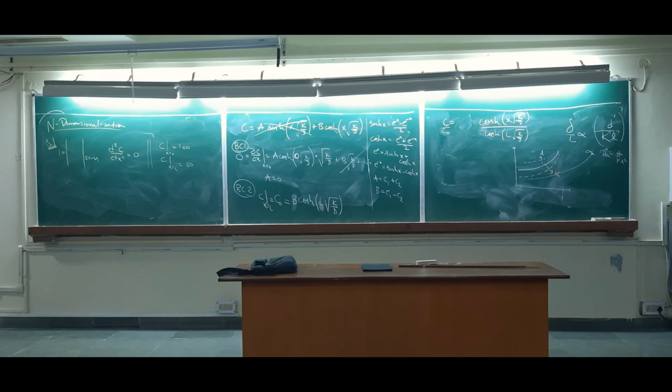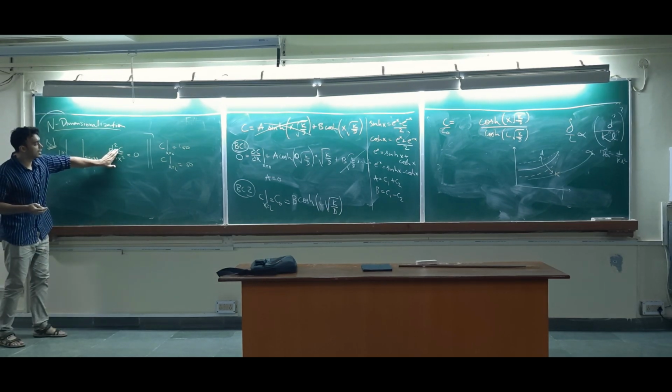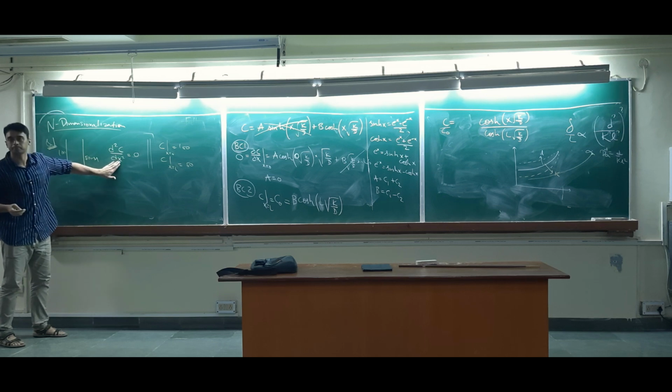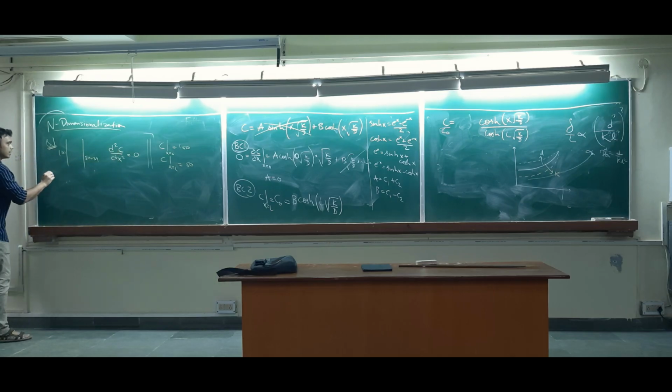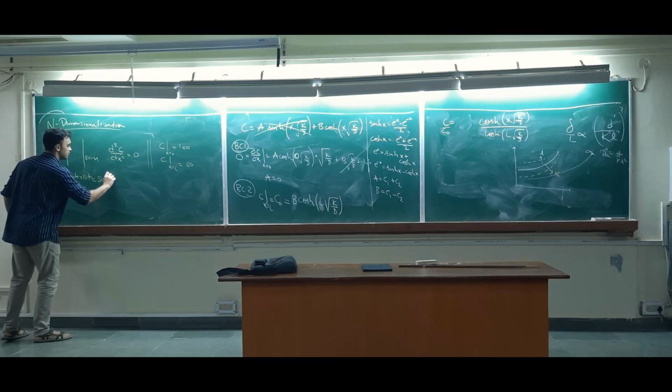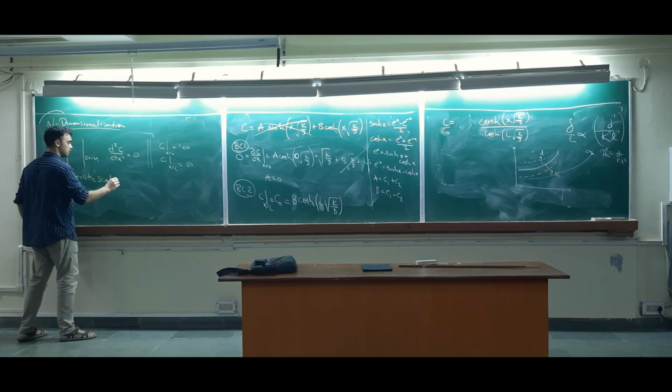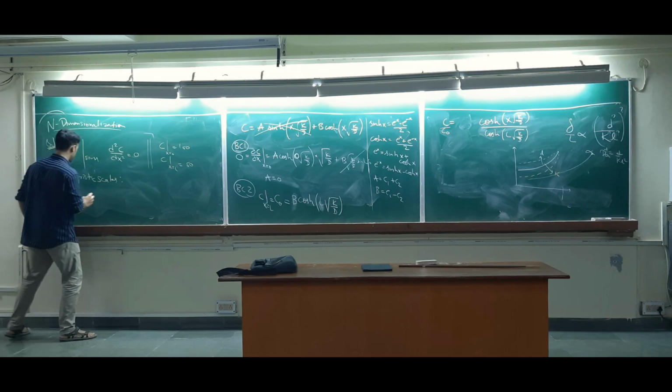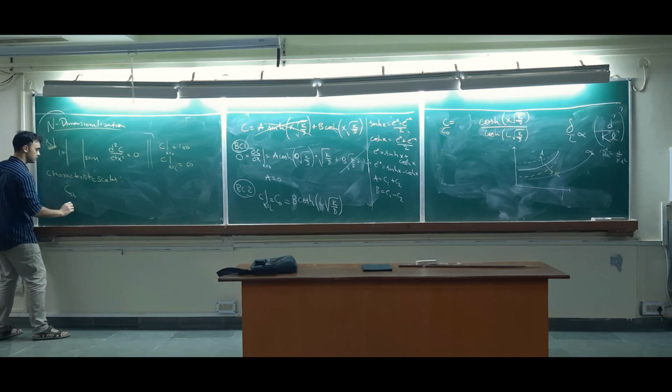So a typical non-dimensionalization would look like this: we have to find something to divide C by, and something to divide x by. There are only two variables here, one dependent and one independent. So we have to find something known as the characteristic scales, and we call them C_ch and X_ch.